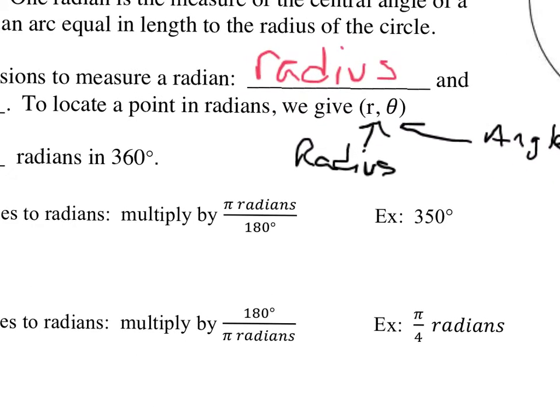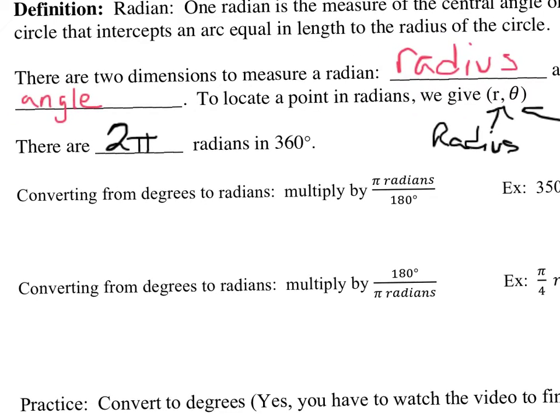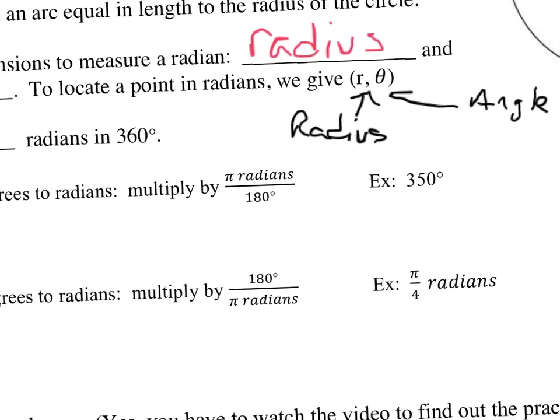When we want to convert from degrees to radians, we're going to multiply by pi radians over 180 degrees. Because if there's 2 pi radians in 360, there's 1 pi radians in 180. And it's just a smaller conversion factor than 2 pi over 360, and it makes it easier to deal with.